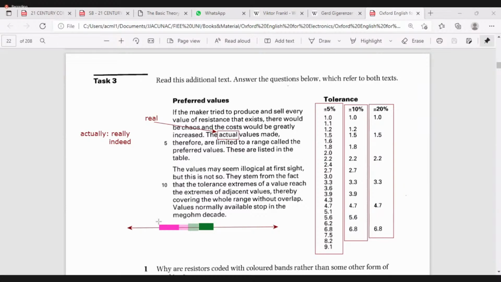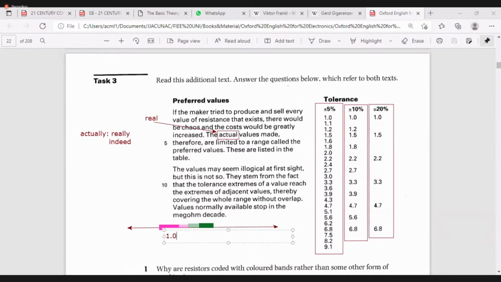That is why we have 1.0 connected to 1.5 by 20%. Or we have 1.0 and 1.2 connected by 10%. If we consider, for example, 10%, imagine this is 1.0. This is something very easy for you because you are very connected to graphics.